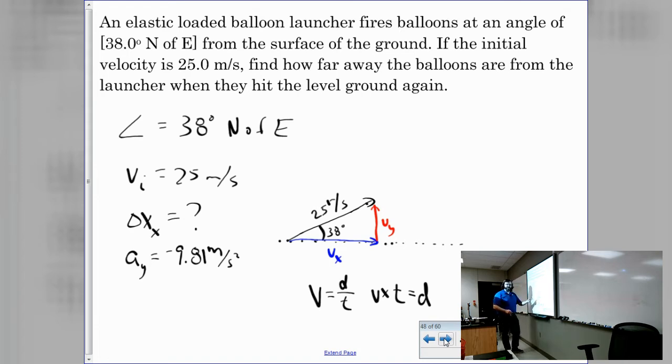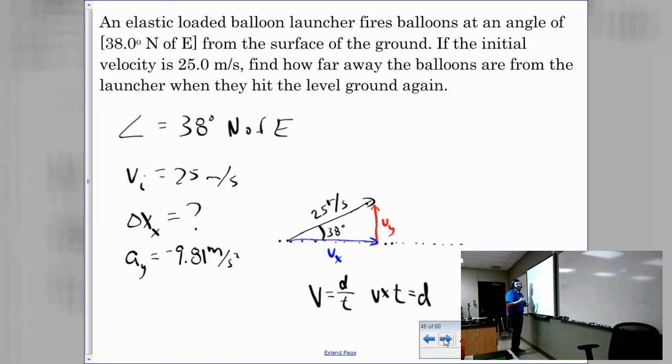We have the adjacent side, the hypotenuse, and an angle, so we can solve for that using trig. But we wouldn't have time. That's where the y component of its motion comes into play. We are going to have to solve for the velocity in the x and the velocity in the y to solve this problem. So let's do that next.